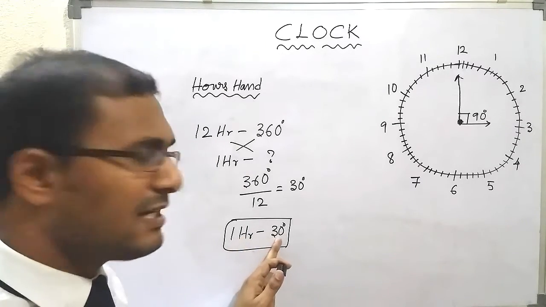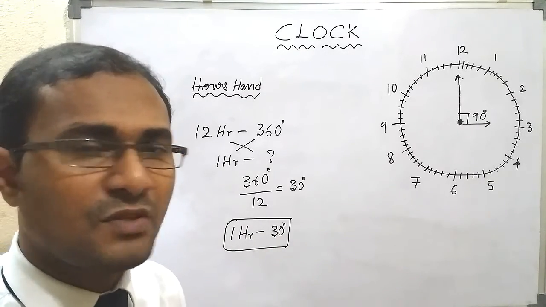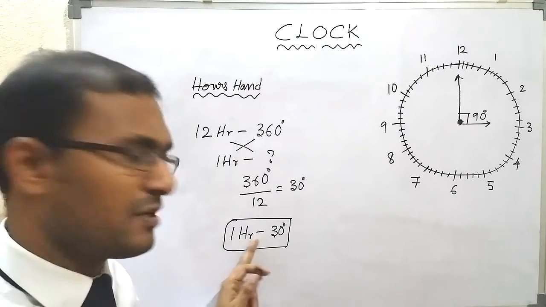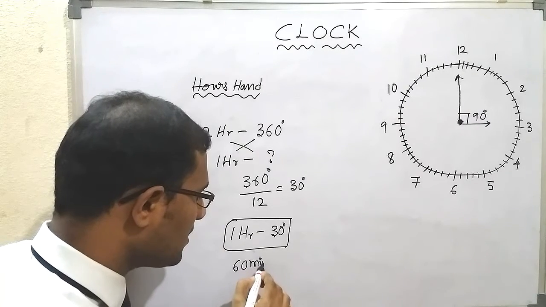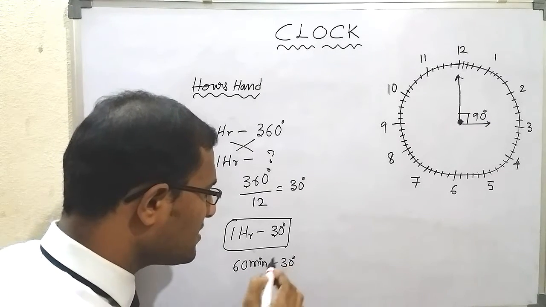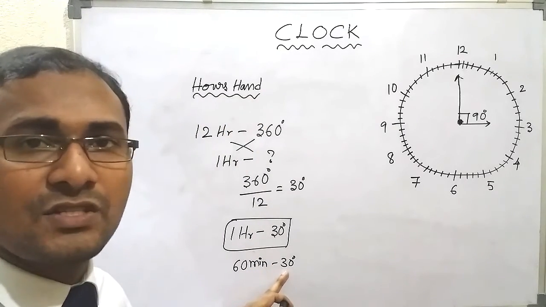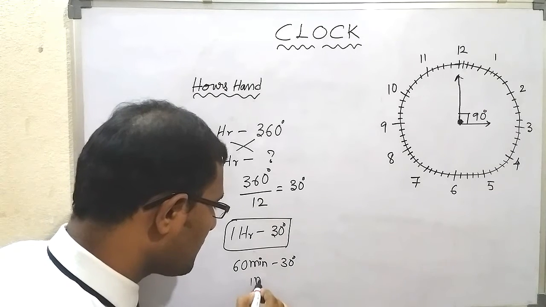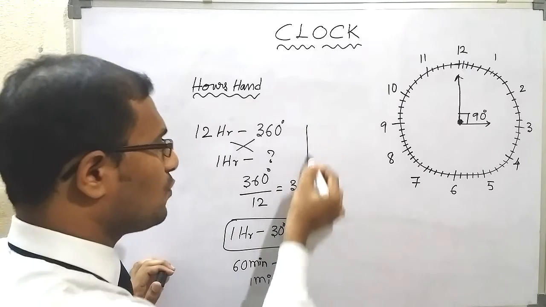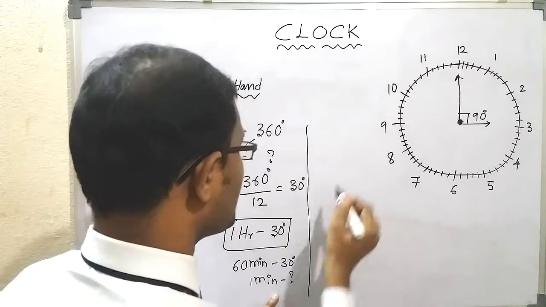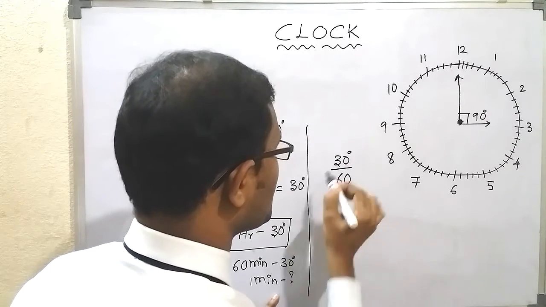For 1 hour, if the hours hand is covering 30 degrees, then for every 1 minute, how much is it going to cover? We will derive that from the same point. 1 hour means 60 minutes. Within 60 minutes, the hours hand covers 30 degrees. So in 1 minute it is 30 degrees divided by 60.